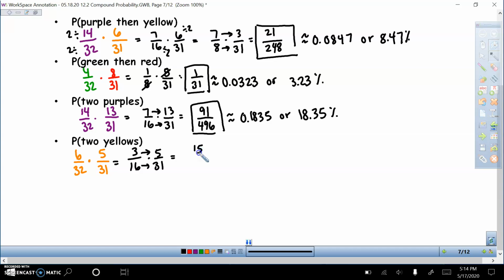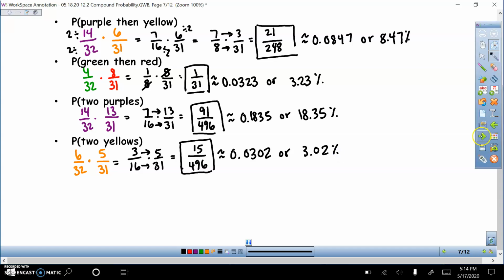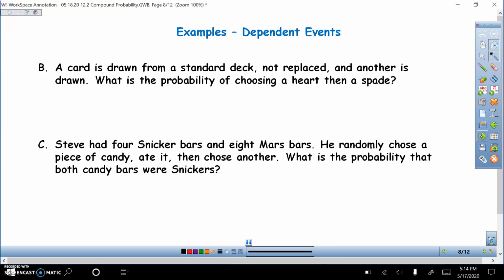Then we get 15 out of 496 for our probability. But as a decimal, that would be 0.0302 or 3.02%.